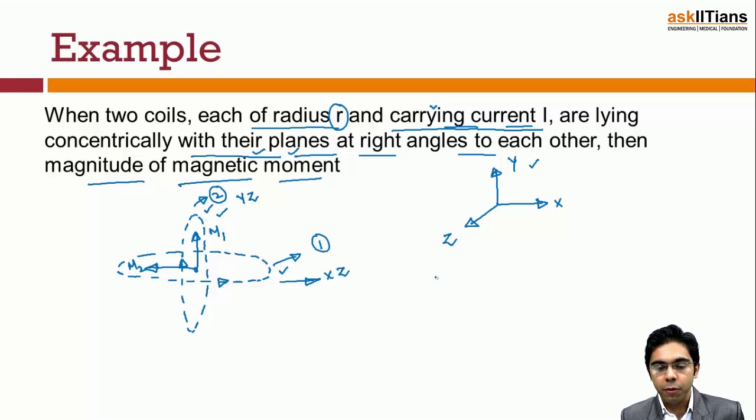Let me draw the figure once again, something like this. This is the m1 vector and this is the m2 vector. In the last part they are asking to find the magnitude of the magnetic moment.